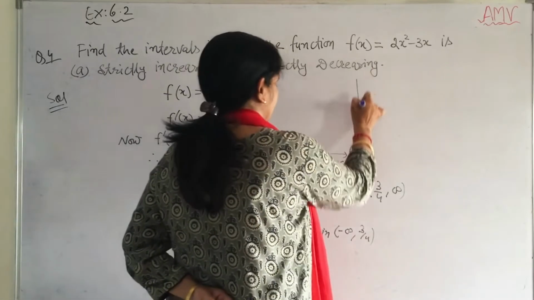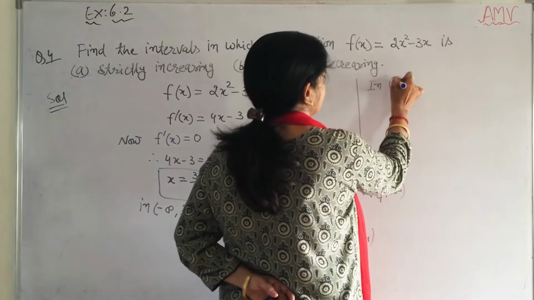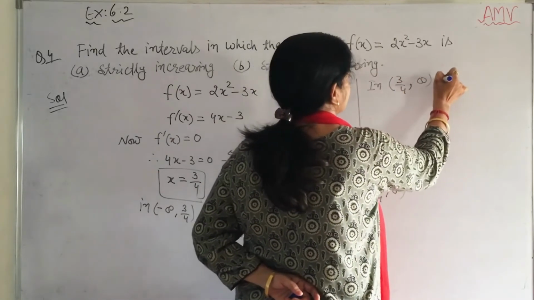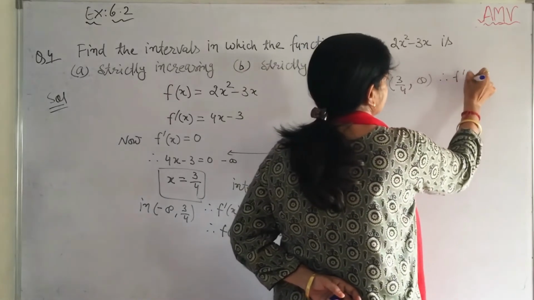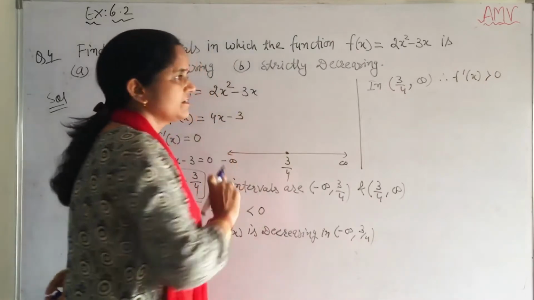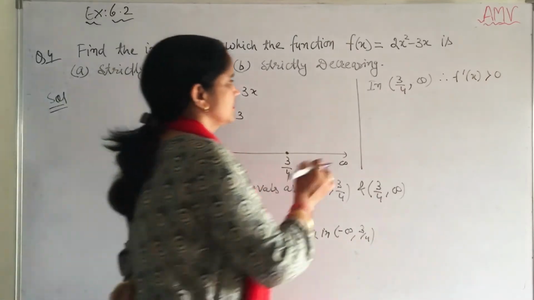Now in the next interval, 3 by 4 to infinity, f dash x is greater than 0. You can substitute any value in f dash x in place of x.